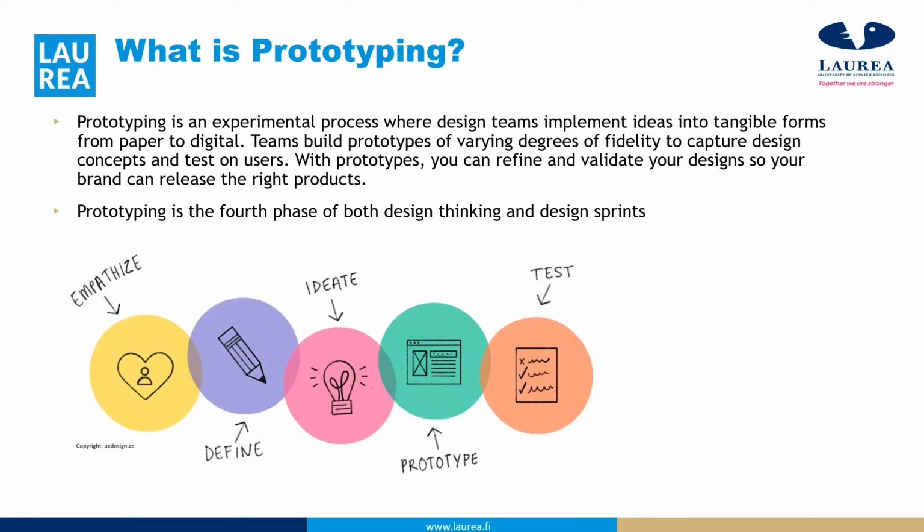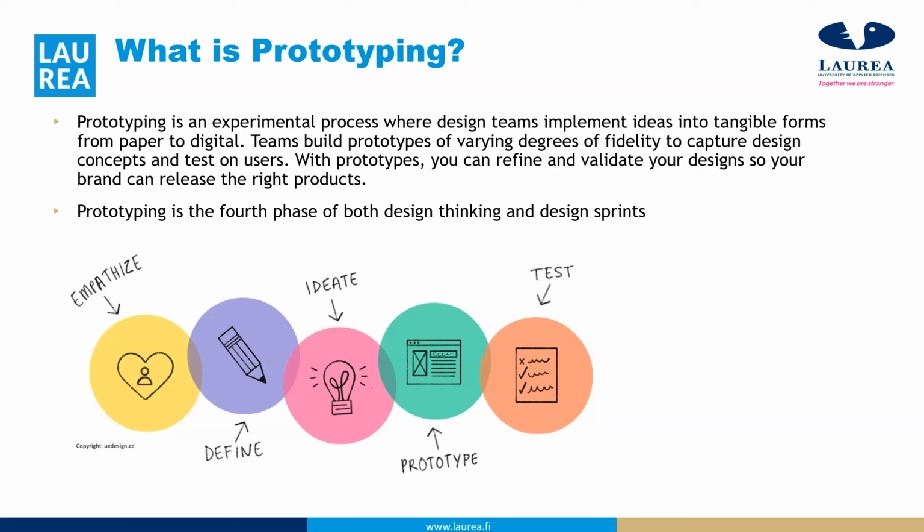Basically, when you have a project, the business or company that gives you the project might give it to you in words or written form. So you use prototyping to translate the written requirements into something tangible that will reflect what the customer is requiring.